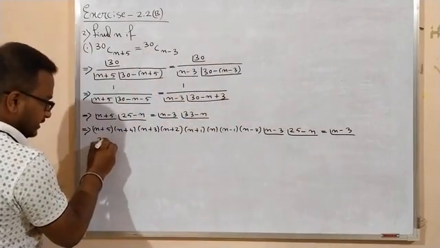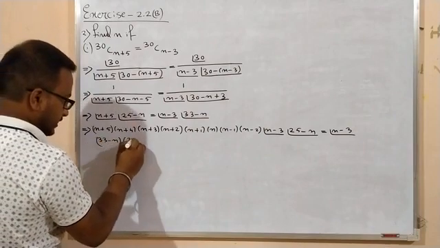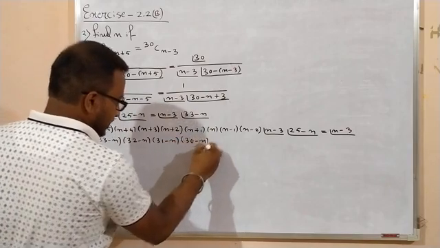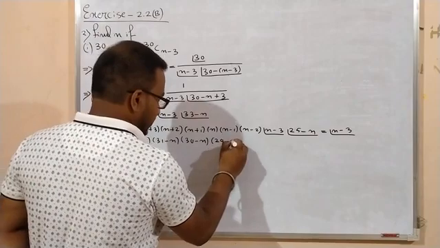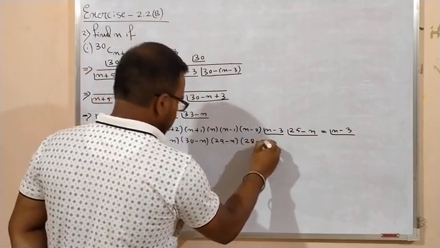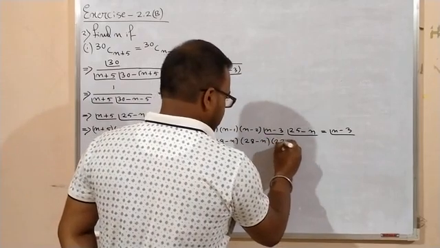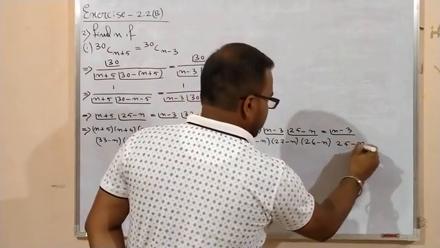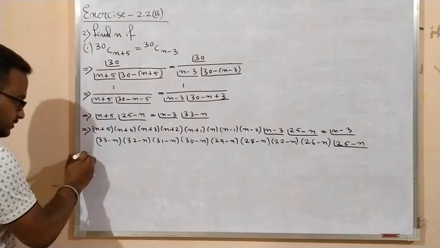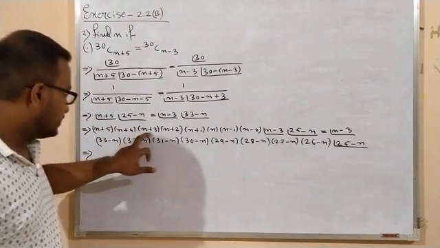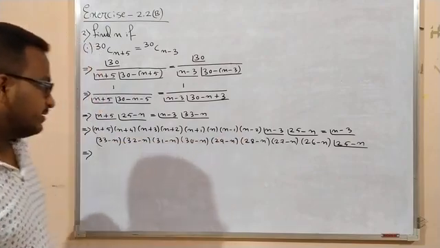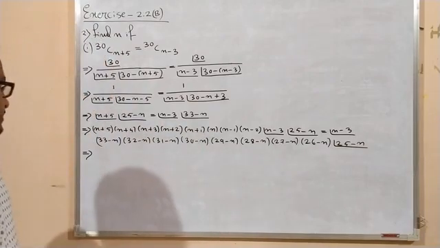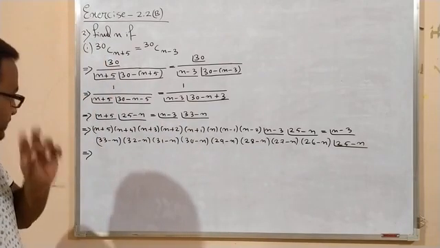So it will be 33 minus n, then 32 minus n, 31 minus n, 30 minus n, then 29 minus n, 28 minus n, then 27 minus n, 26 minus n, then 25 minus n. 1, 2, 3, 4, 5, 6, 7, 8 times. So I think I have done some mistake here.